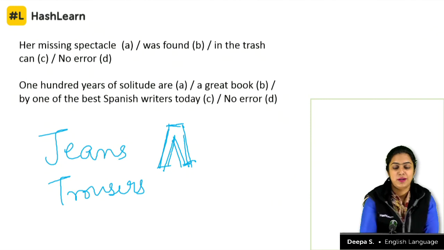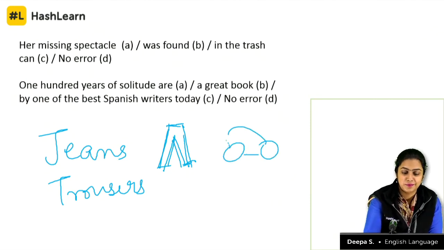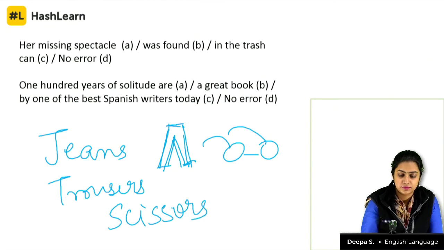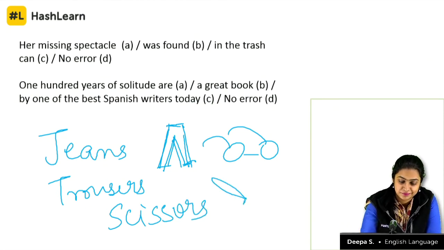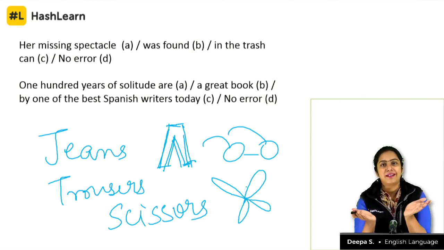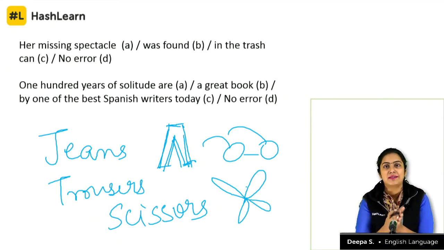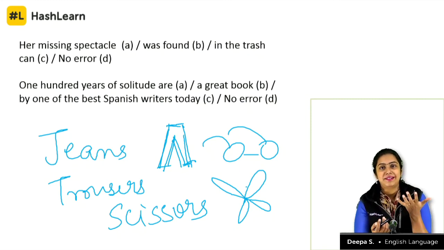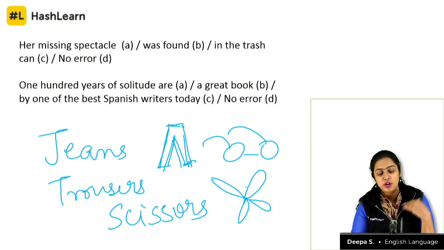It is two, okay. Scissors. So you put two identical things together to come up with that one entity. It is always plural: jeans, trousers, scissors.